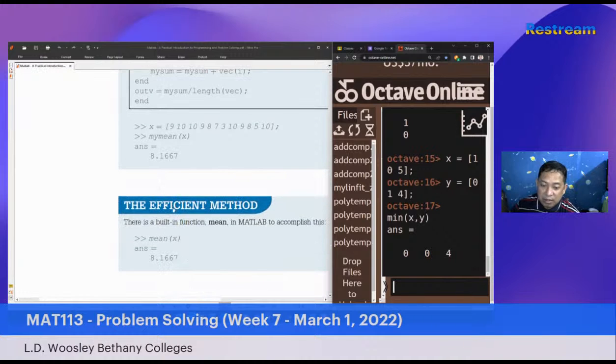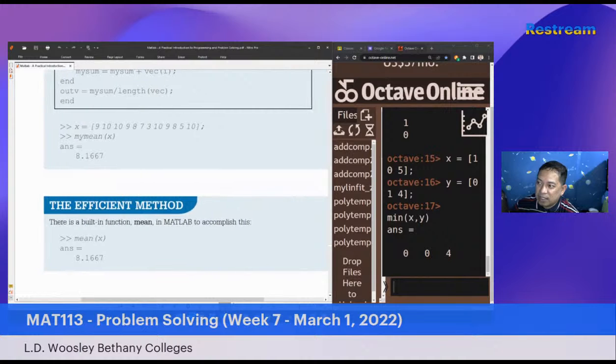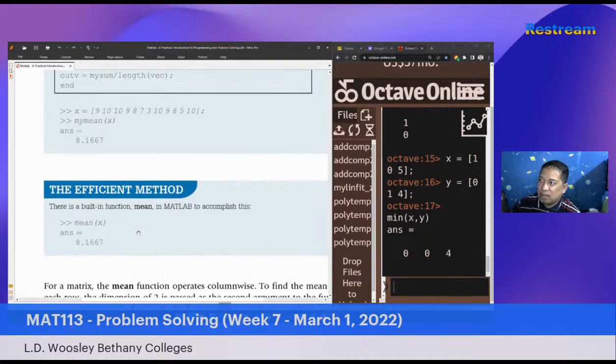So I'll be leaving that to your reading assignment. However, the efficient method is utilizing the built-in function, and this is the word mean.